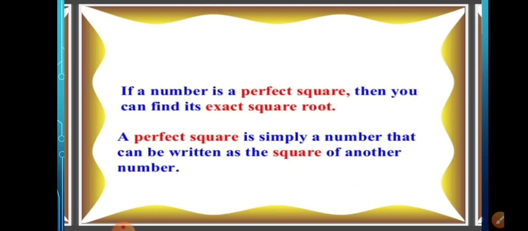You can say that a perfect square means the same number is multiplied with itself, that is 5 into 5, which will give 25. This means 25 is a perfect square because in 5 into 5 both the numbers are the same and it gives the answer 25.